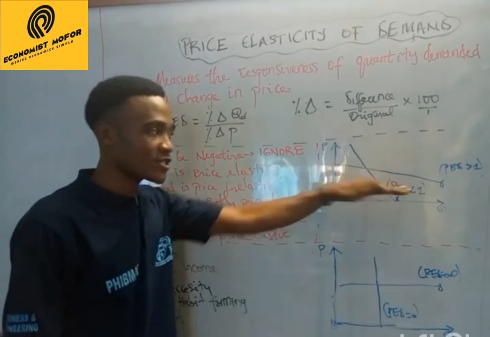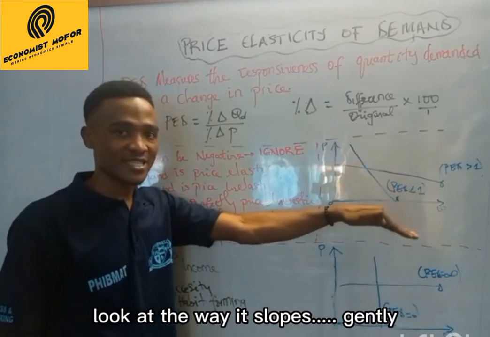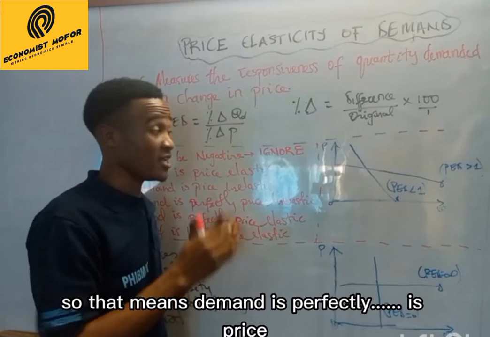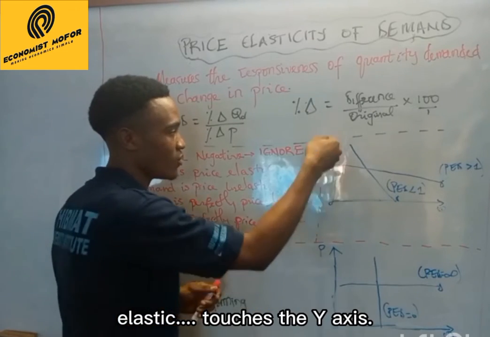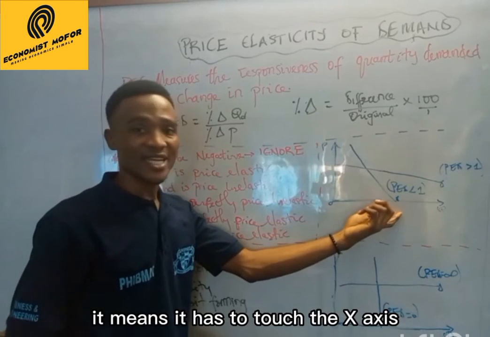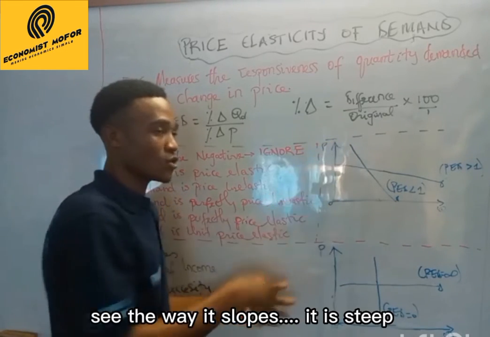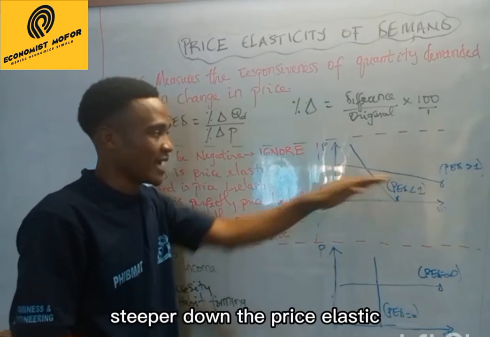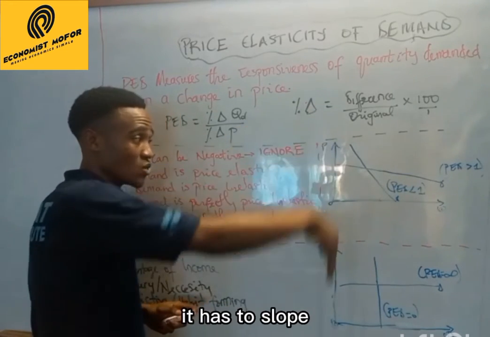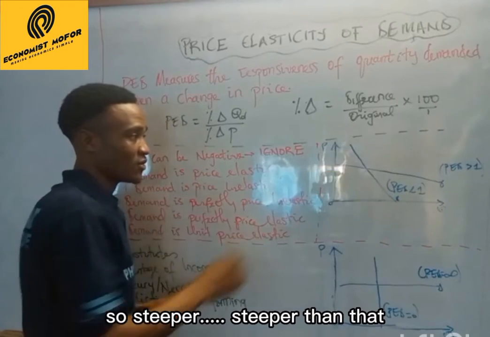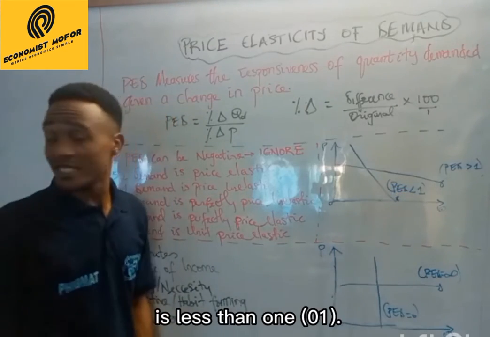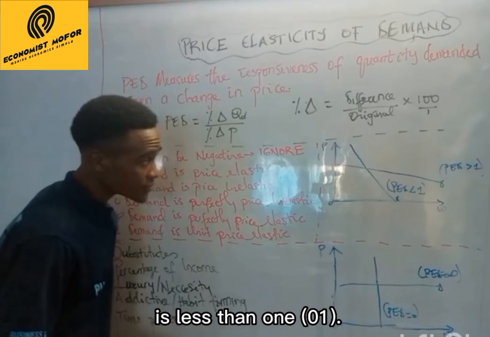Look at the way it slopes. It slopes gently. So that means demand is price elastic. On the other hand, for demand to be price inelastic, it has to touch the x-axis. See the way it slopes. It is steep. It is steeper than the price elastic one. So for it to be inelastic, it has to slope steeper, and price elasticity of demand is less than 1.